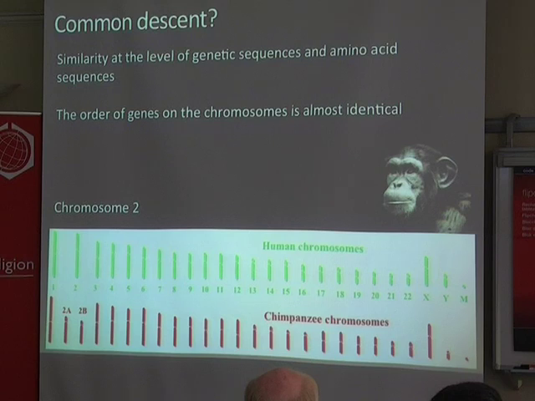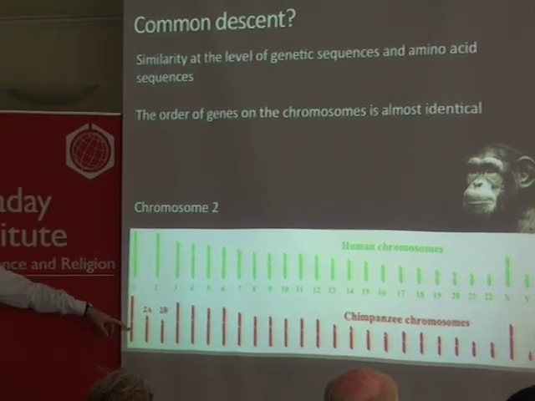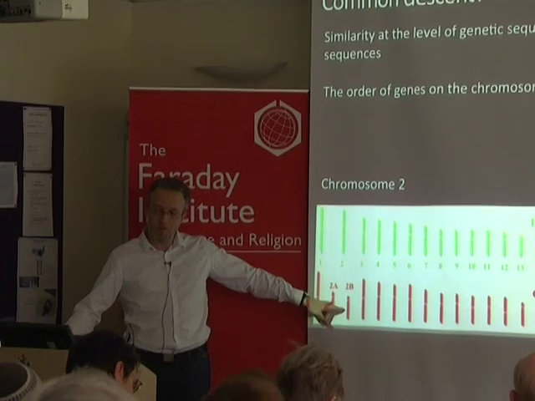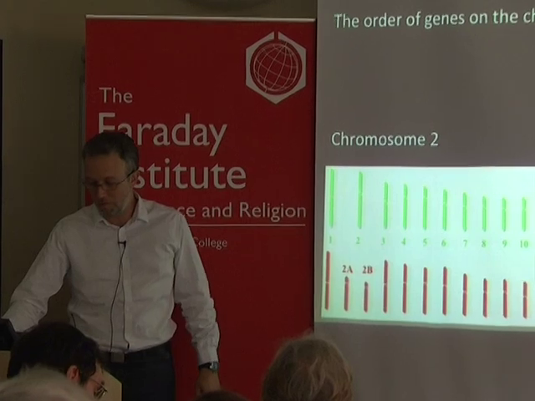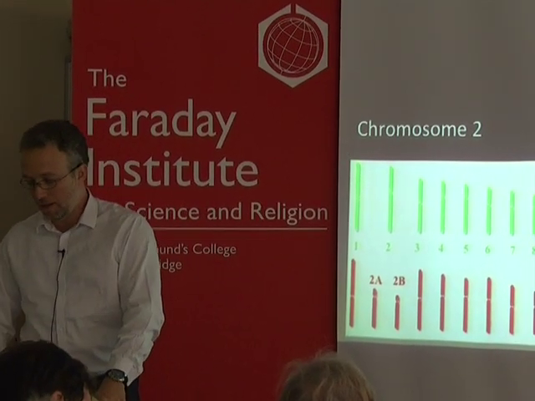Well, the chimpanzee has 24 chromosomes, and we have 23 chromosomes, so they have one chromosome more. But what we discover is that for chromosome 2, there are two small chromosomes in the chimpanzee, and we have only one big chromosome 2 in humans.